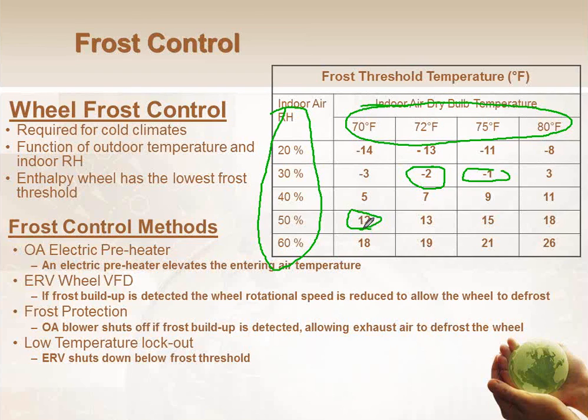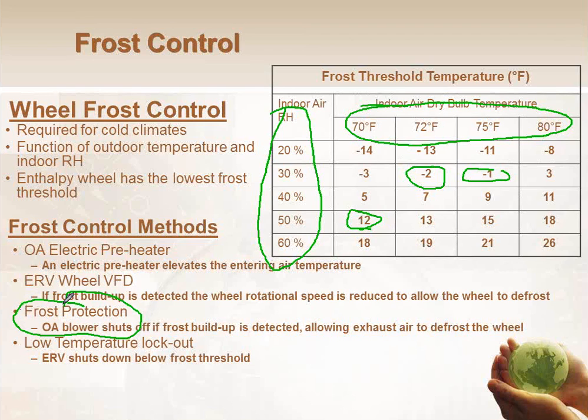Like I said, you can use a preheater to solve this problem. On built-up air handlers, you could use speed control of the ERV wheel to reduce the frost issue. You can use what we do a lot of times on regular systems. So if I have an office building and I do the math and it's not going to have a frost condition until I get to like -5, I can look at that and say, well, how often do I get to -5? Almost never, like 10 hours a year.